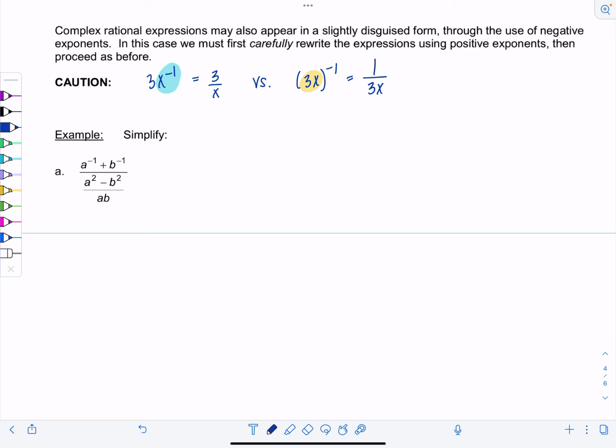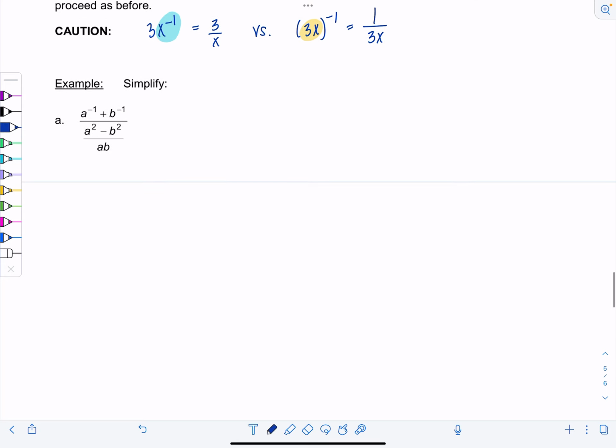We have a to the negative first plus b to the negative first over a squared minus b squared over ab. So first things first, let's rewrite a to the negative first and b to the negative first as 1 over a plus 1 over b. Good? Okay, and then in the denominator we have a squared minus b squared over ab.